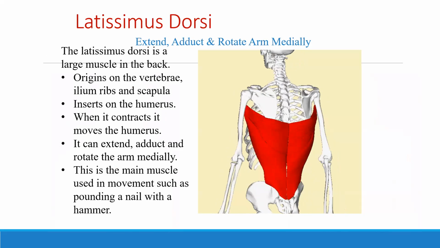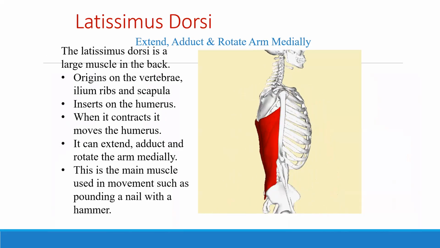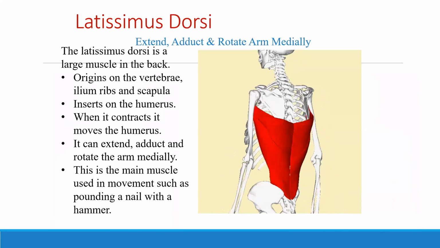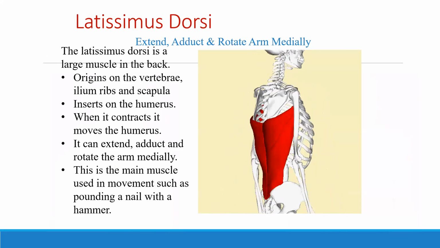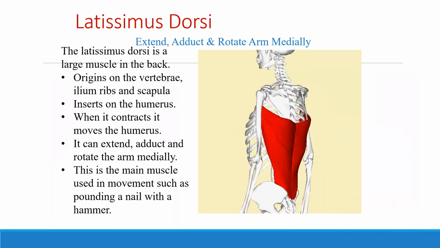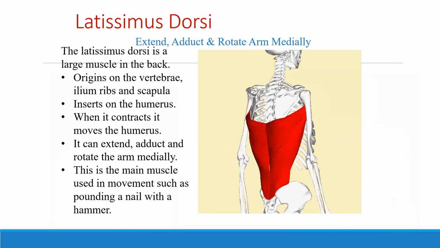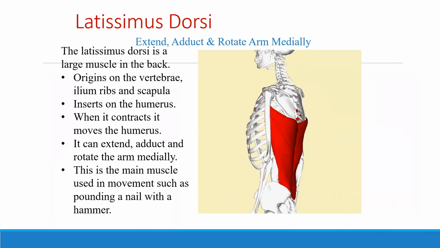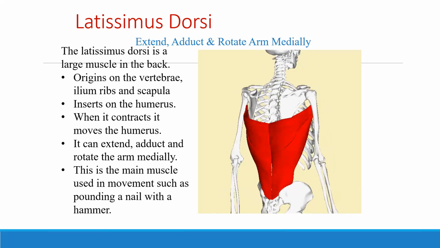Large muscle of the lower back is the latissimus dorsi. This is the muscle that we use to drive a nail or to chop wood. Large overhand motions, large underhand motions too. Throwing things. I always think of fast pitch softball.